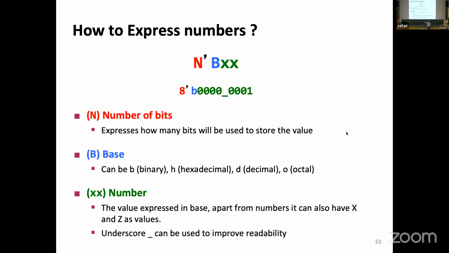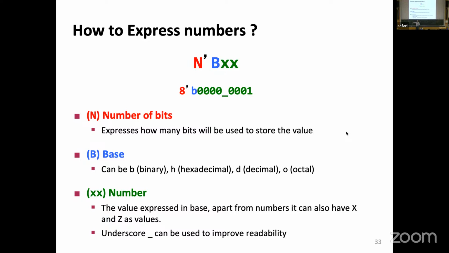Verilog has this way of expressing values, and it starts with N. N is the number of bits. It's always the number of bits, regardless of the base that you use. If you want to define a 32-bit number, you write 32 here.